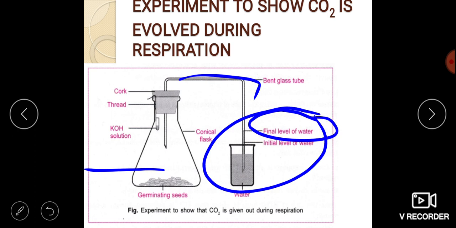What is the reason behind that? Why has the water been lifted up? Because this KOH absorbs the carbon dioxide which is being released and which was present over here. As a result, a vacuum is created, and due to the formation of the vacuum, the level of the water from this beaker rises up.